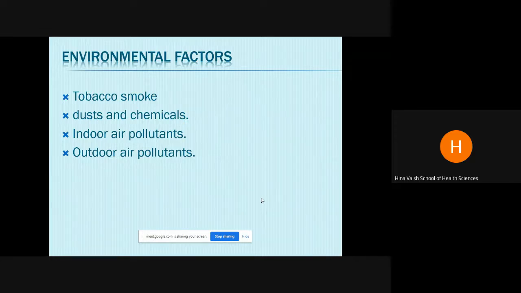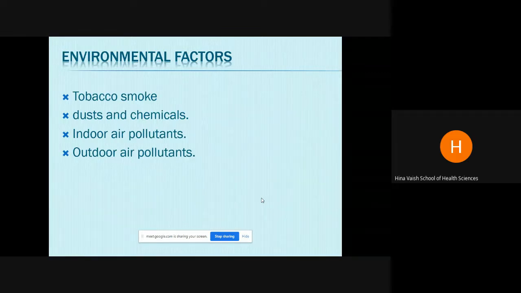So, the people in the surroundings where smoking is happening, suppose in a family there are four people and one male member of the फैमिली वो स्मोक करते हैं घर में, तो जो घर के बाकी तीन मेंबर्स हैं अगर वो उनकी विसिनिटी में है तो they will also be the passive smokers because they are getting the smoke though they are not actively smoking it. So tobacco smoke is one of the factors which is responsible for this condition.